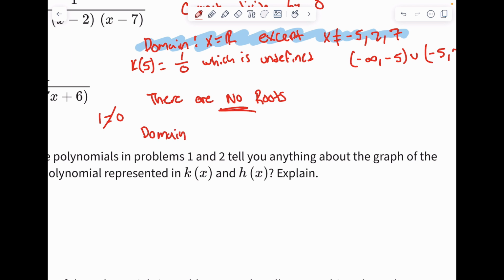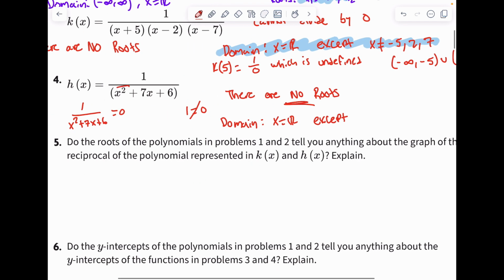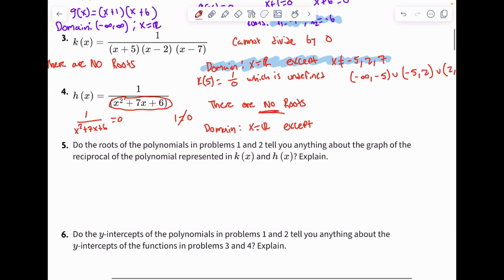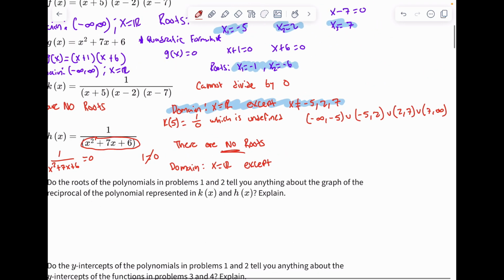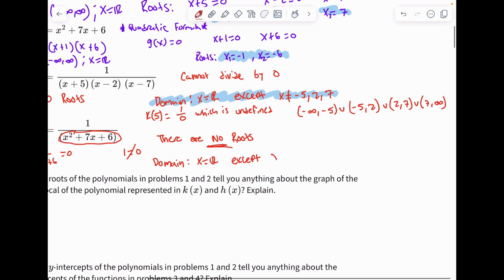And what is my domain? My domain will be x is equal to all real numbers except when that is equal to 0, right? We found that from part 2, question 2. Except x cannot be equal to -1 and -6.